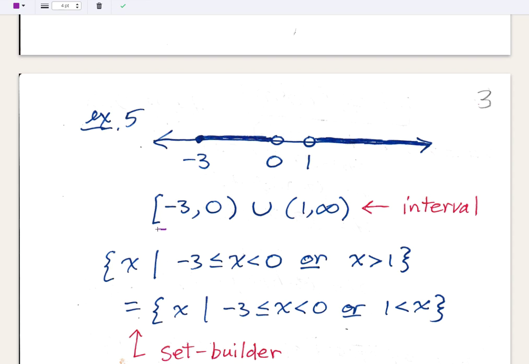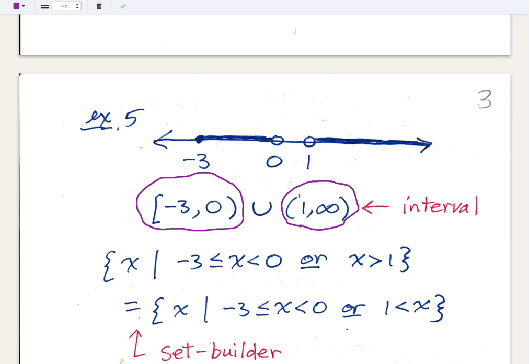I would have square bracket, -3, comma, 0, and then parenthesis. And then on this other side, I'm going from 1 to infinity, but I'm not including 1. So I use parentheses: 1, comma, infinity, parenthesis again.